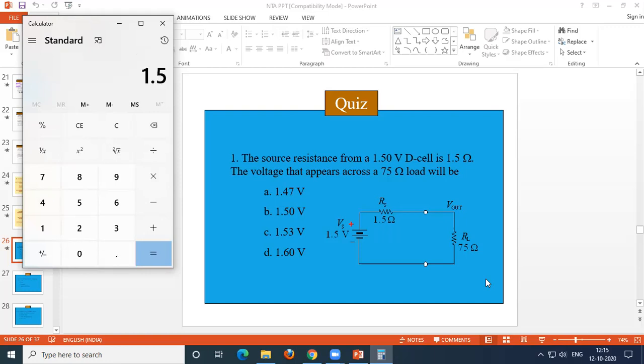So 1.5 divided by 76.5 is the current flowing through the circuit, and the voltage across this RL is the current multiplied by the resistance, which is about 75. So the voltage drop across the 75 ohm load will be 1.4705, or about 1.47 volt. So for that quiz question, the answer is A.